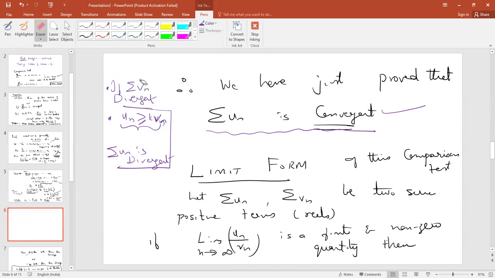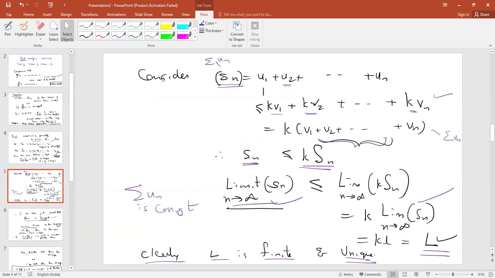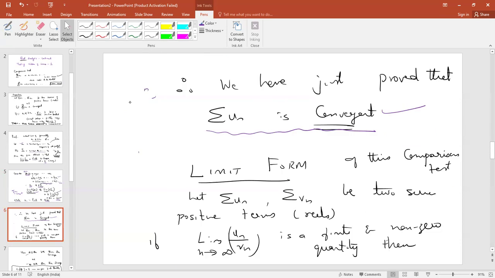So now that it is done, I'll erase this part. Now I'm going to come to the limit form. So the limit form, yeah, here's the limit form.